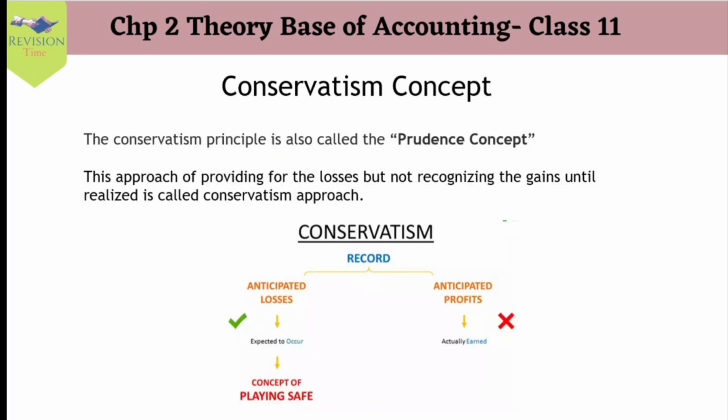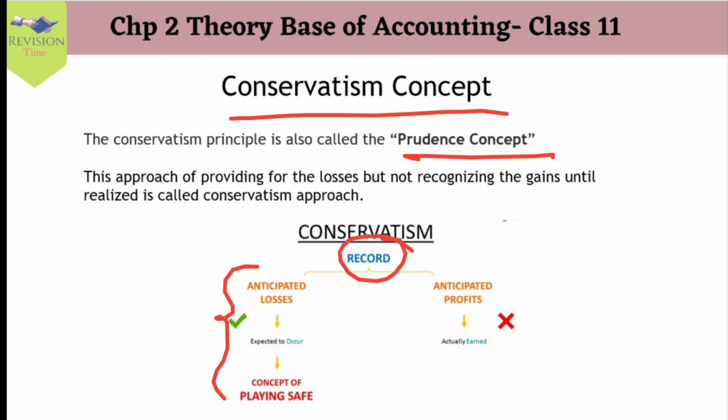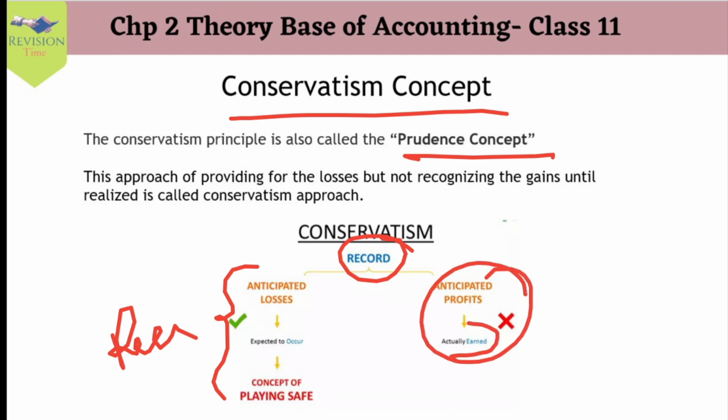Next one we have is conservatism concept. This concept is also known as prudence concept. This concept states that a business must record anticipated or expected losses in the books of account and must record profits or gains only when they are actually earned. This is known as conservatism concept.